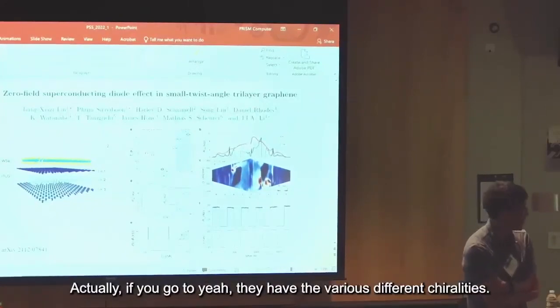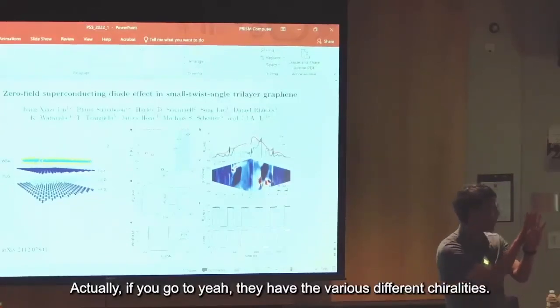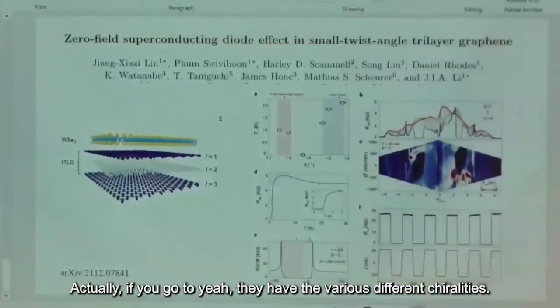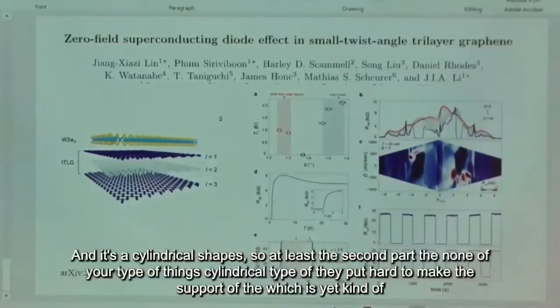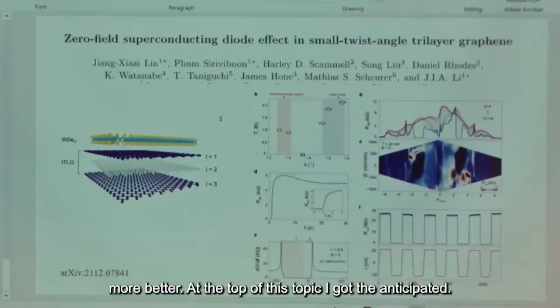That is nanotube. If you go to multiwall nanotubes, you have various different chiralities and cylindrical shapes. So at least cylindrical topology exists. People try hard to make a torus of the nanotube, which is a better topological object. I don't think any chemist has succeeded yet.